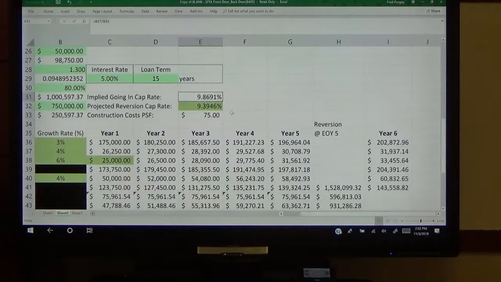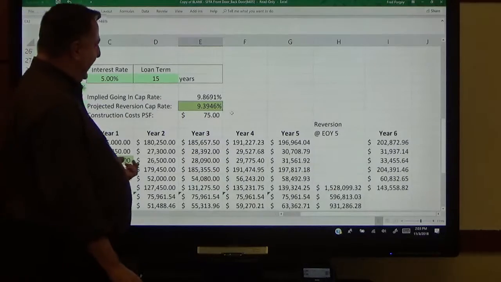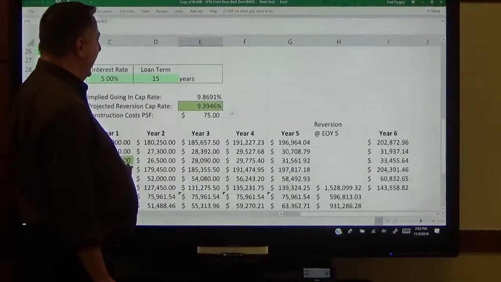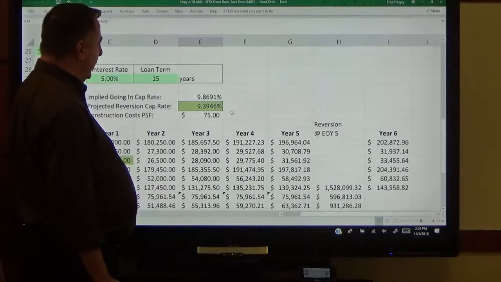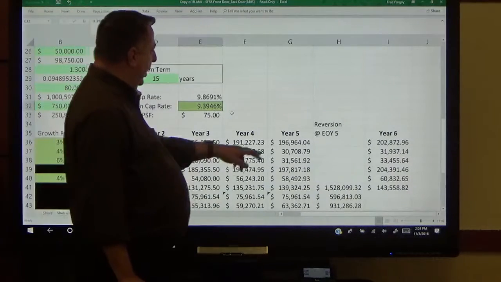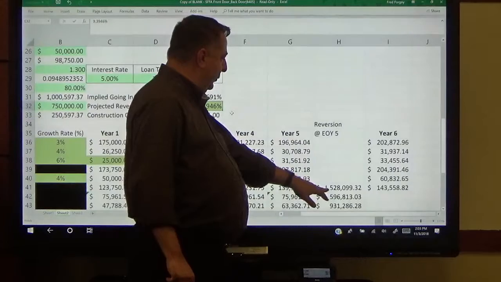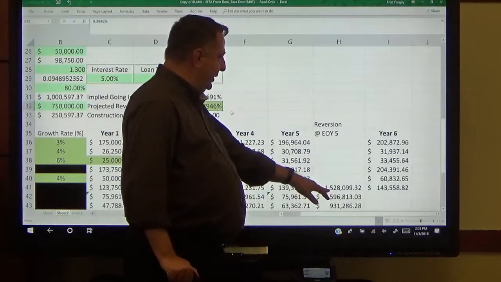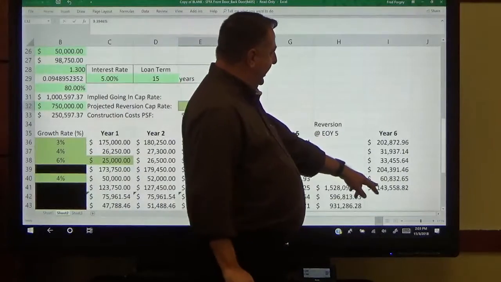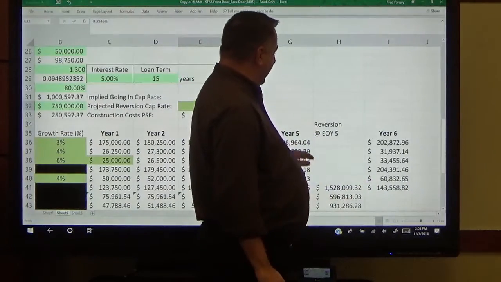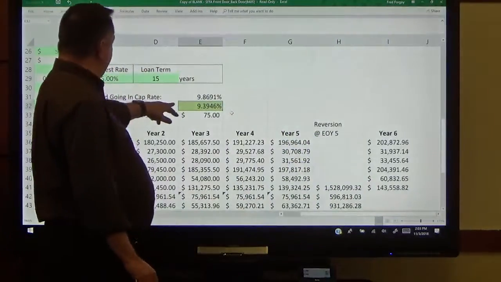Now, in this case, the projected reversion, what I did, if my memory serves me correctly, was look at what we could potentially sell the property for at some point 5 years into the future, and then use the year 6 NOI to come up with a projected reversion cap rate.